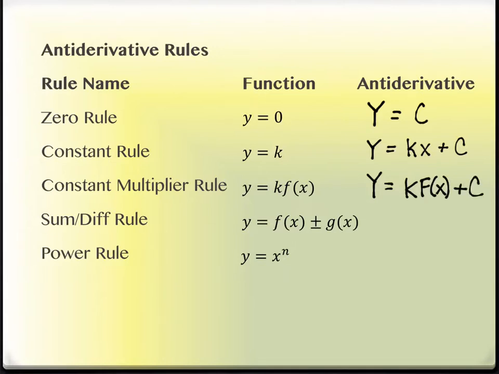And then I put a plus c. Sums and differences function the same way. We take the antiderivative of each piece. So I have the capital F of x, and I have the capital G of x for antiderivatives, the plus or minus in between, and then what goes on the end?